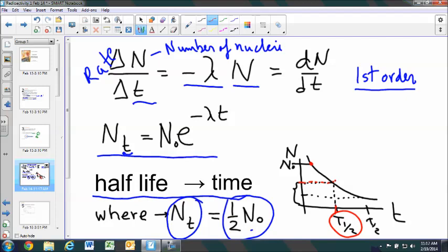And if you go another half-life, then you get half of that amount, right? That would be 25% of the initial amount, right? That's how we're calculating this.